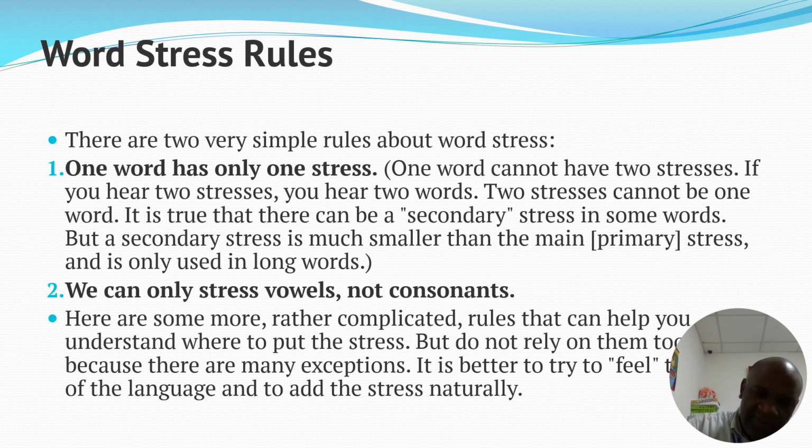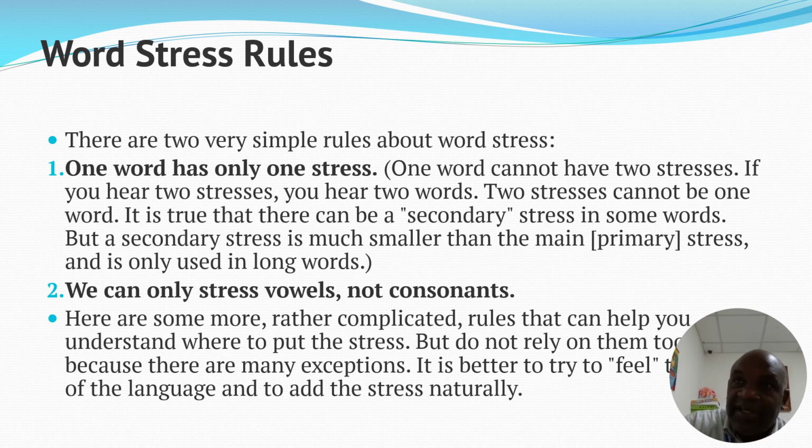Word stress rules. We have two rules. One of these rules says that one word has only one stress. That means that we can hear stress on only one syllable of a word. For example, in the word present, the stress falls on the first syllable.